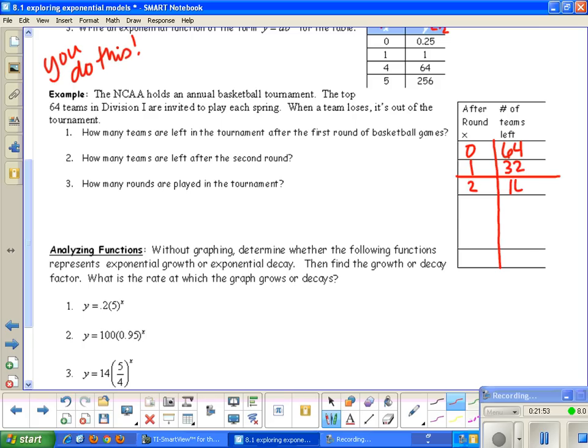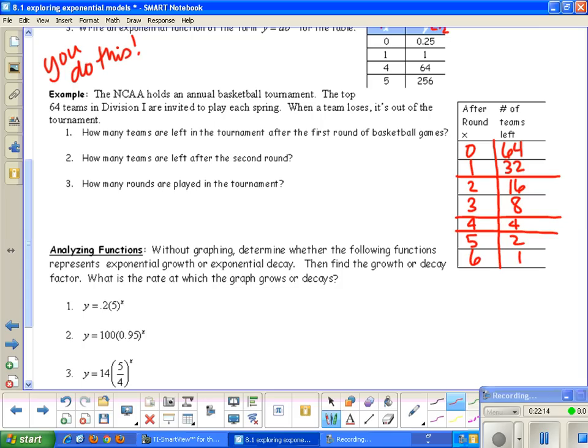After round 2, 16 teams are left. After round 3, 8 teams are left. After round 4, 4 teams would be left. That's the final 4. Then after round 5, you have 2 teams left for the actual championship game. After round 6, you would have 1 team left.